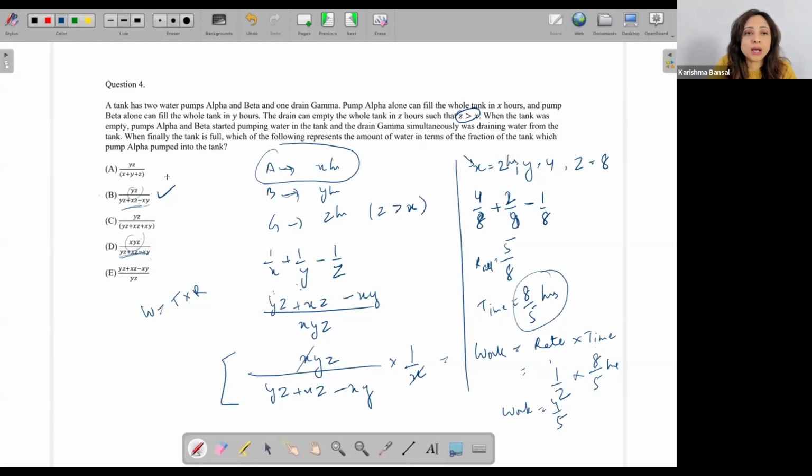Now I'm going to plug in my values of 2, 4, and 8 in all the options, and I'll get the answer as 4 by 5. And only B is going to give that answer to me. Look, when I plug in the values, do you see that there is a lot more work I ended up doing? Perhaps using variables was a little easier. When I have too many variables that I have to handle, it does become a bit of a problem.